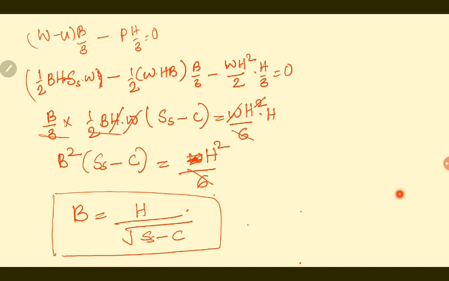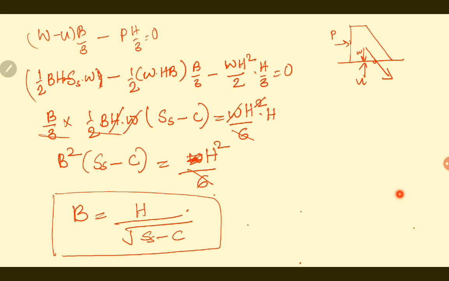You took the moment and equated the various forces that act here, weight W, the hydrostatic pressure P, and uplift U, and you found out the equation for the base width B is equal to h by root of S S minus C. This is the equation for finding the base width.